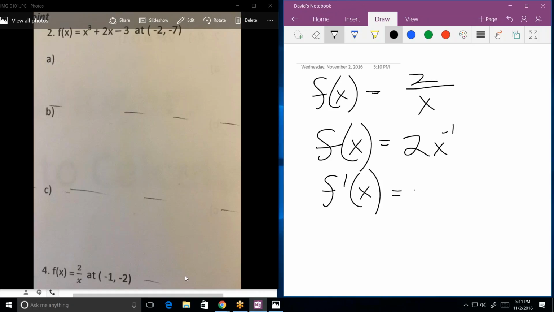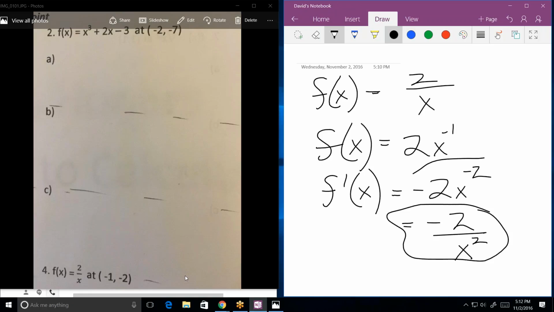Would it be negative 2x to the negative 2th power? Yes, which is the same as this, but we don't need to write it this way. We can write it that way and use that as our answer, but both of those are the same.